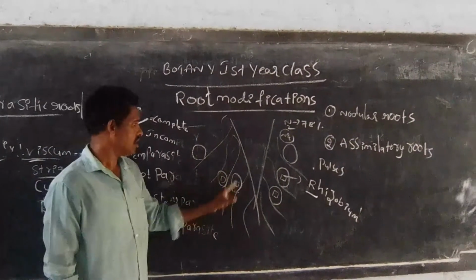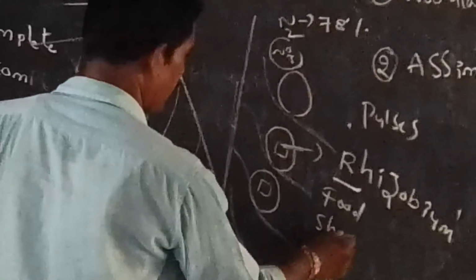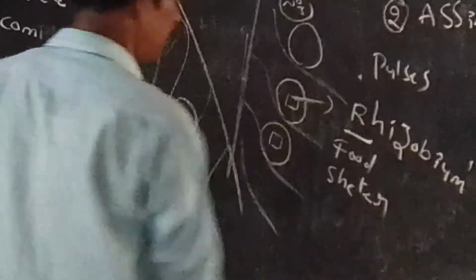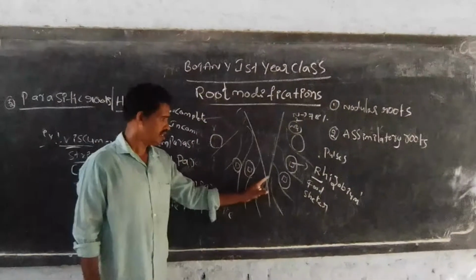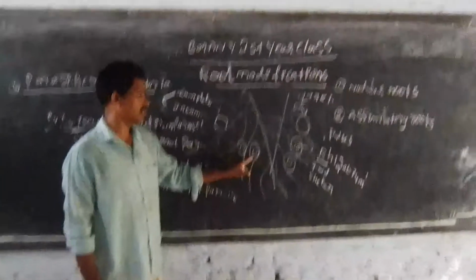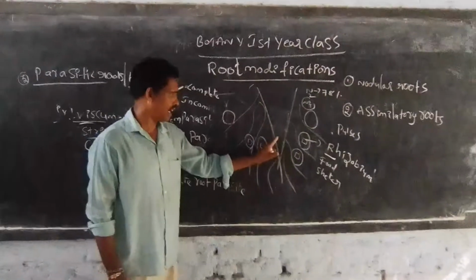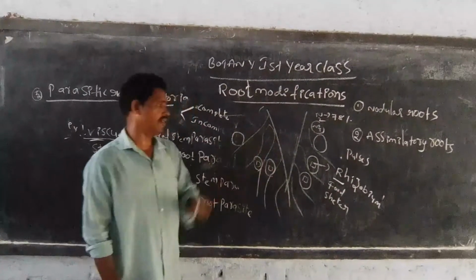In this process, the plant provides food and shelter to the bacteria. In this living process, both plant and bacteria are benefited.